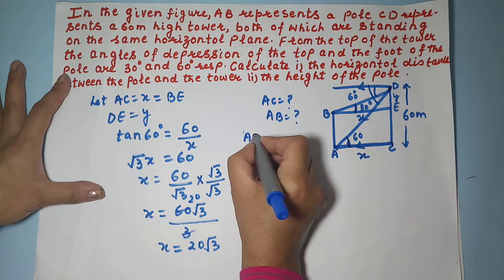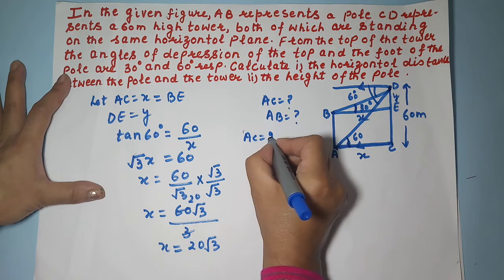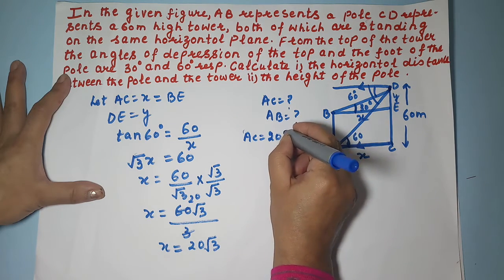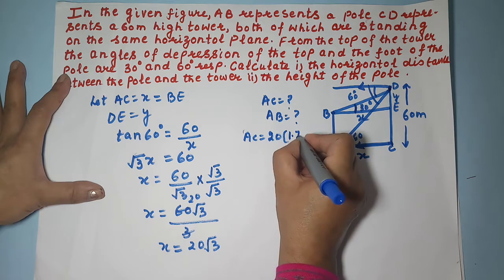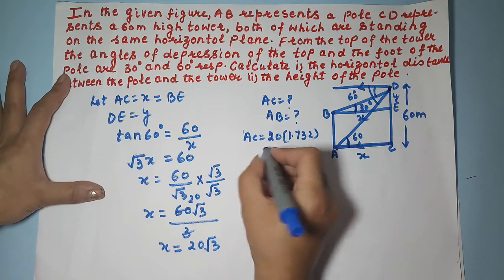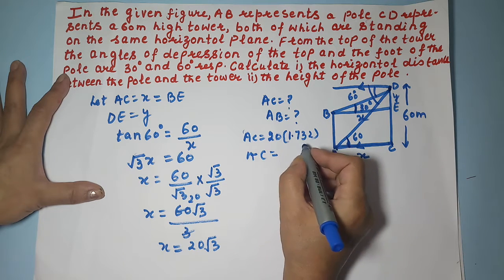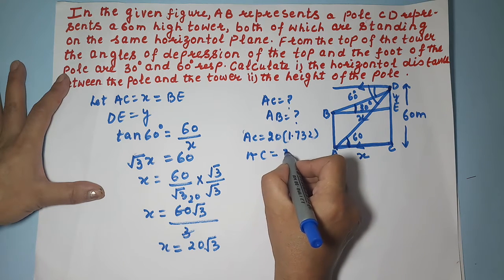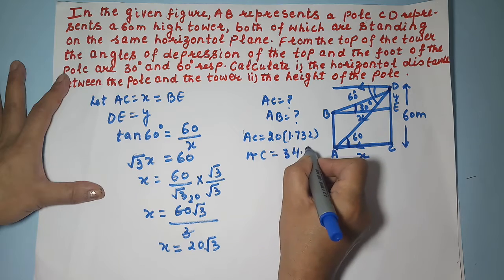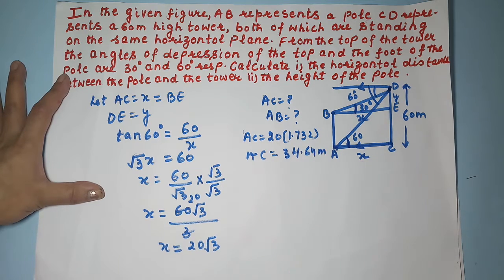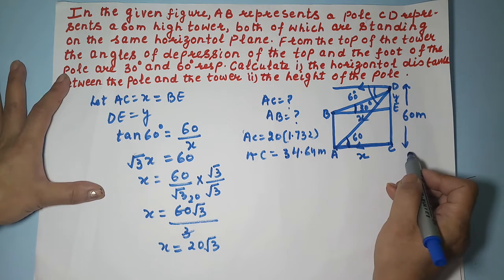So your AC is equal to 20, and in place of root 3 we'll substitute 1.732. So my AC is equal to 20 into this, which is 34.64 meters. One part of the question we have answered.